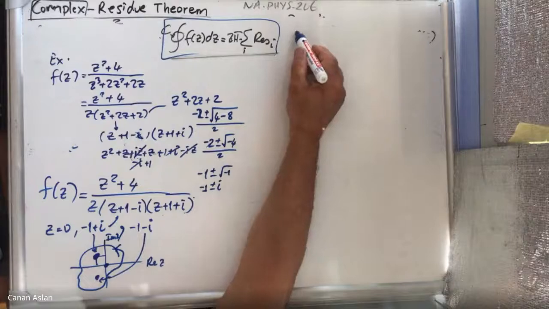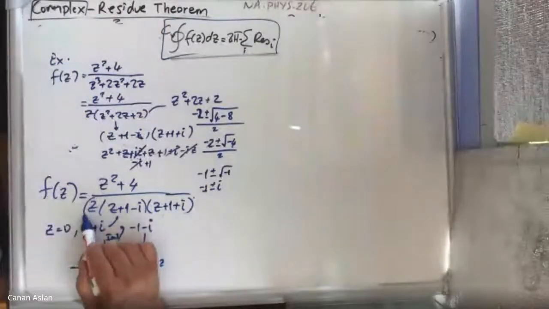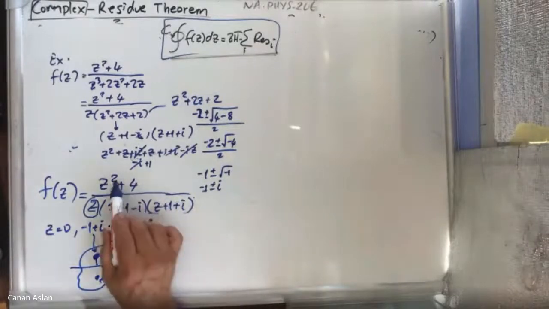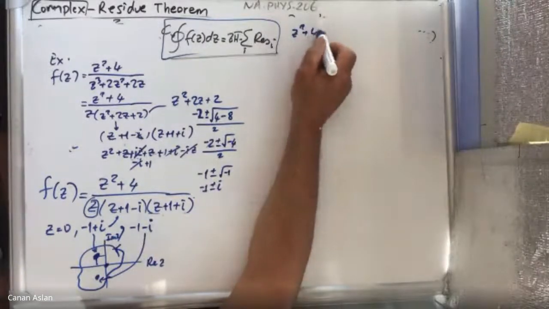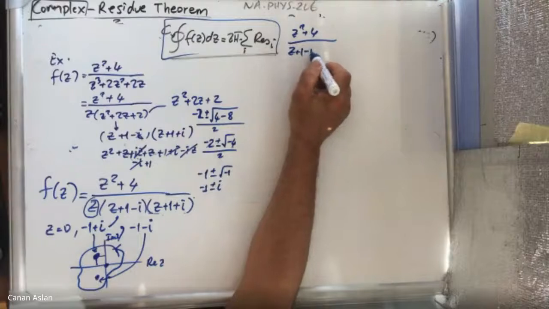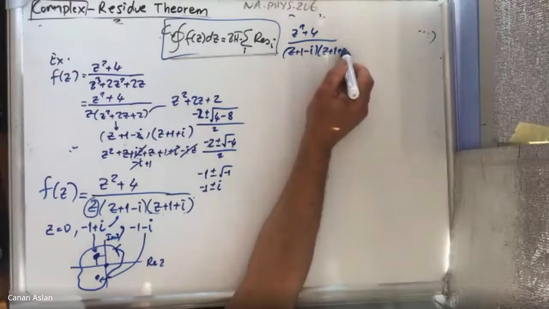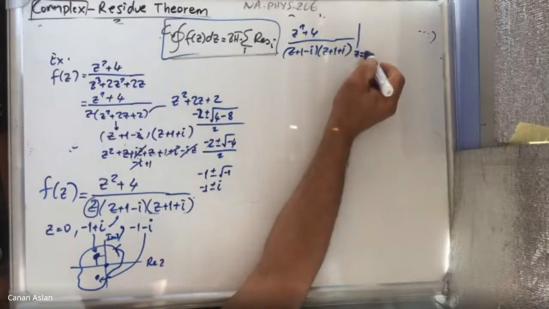So now when z equals 0, except this one, we will calculate the function at z equals 0. So (z squared plus 4) divided by (z plus 1 minus i) times (z plus 1 plus i). Now z is to be replaced by 0 in this case.